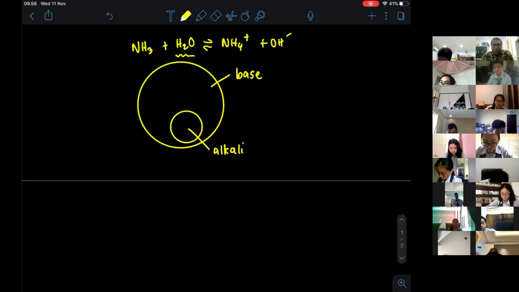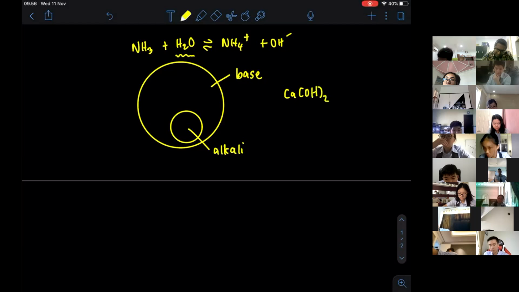Can you give me one example of a base that is not alkali? Calcium hydroxide, yes, slightly soluble in water. An alkali is supposed to be completely soluble in water, so calcium hydroxide is one of the bases that are not alkali.